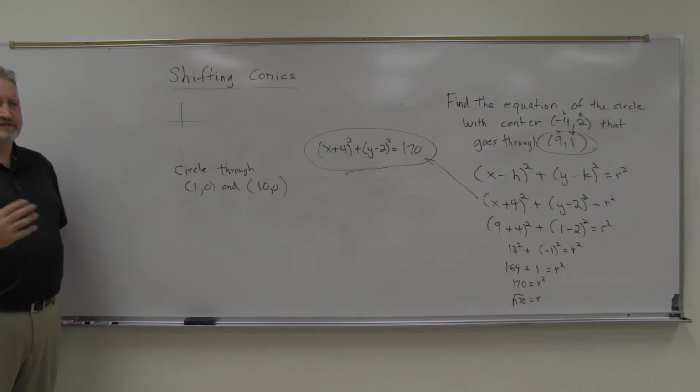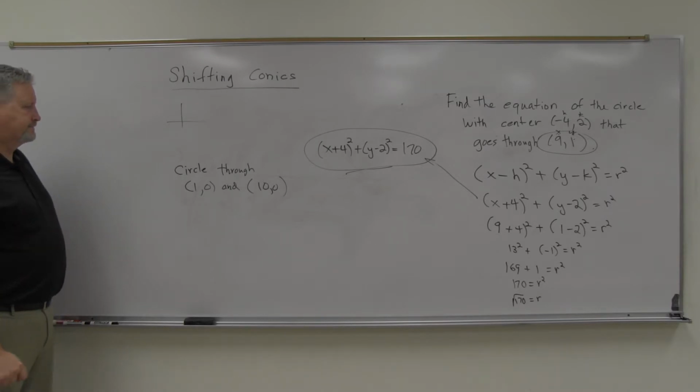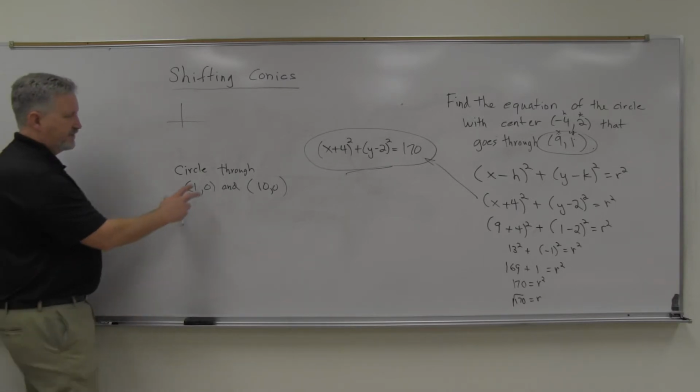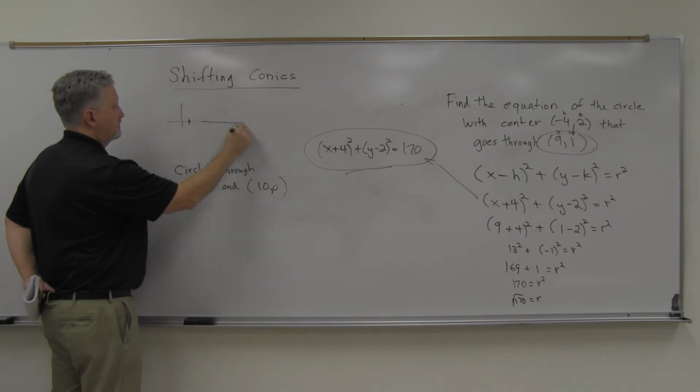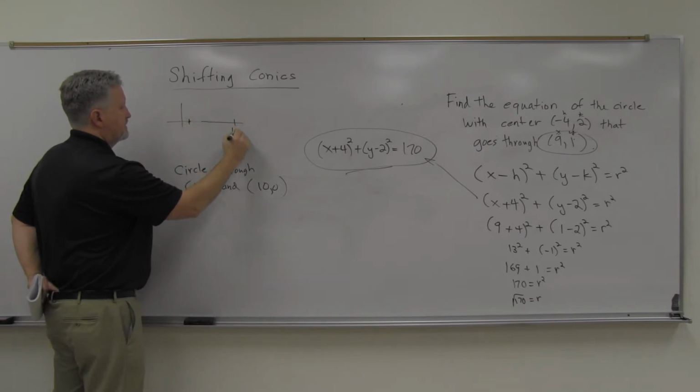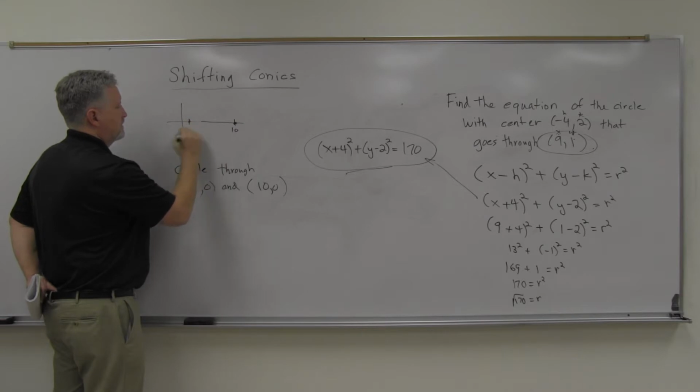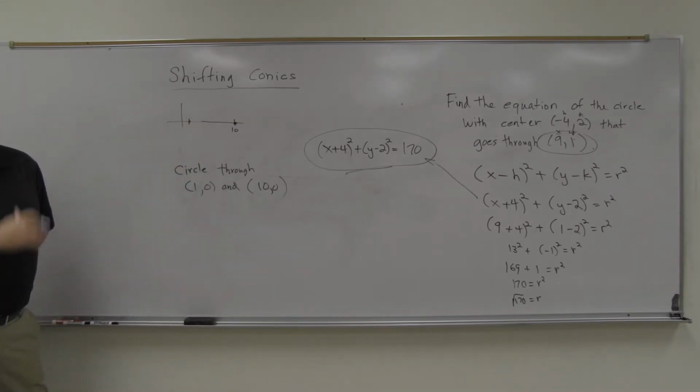So we have 2 points. Well, if they're in line like this, so we've got 1, 0 and 10, 0, and we know it's a circle, so it's going to go through both.